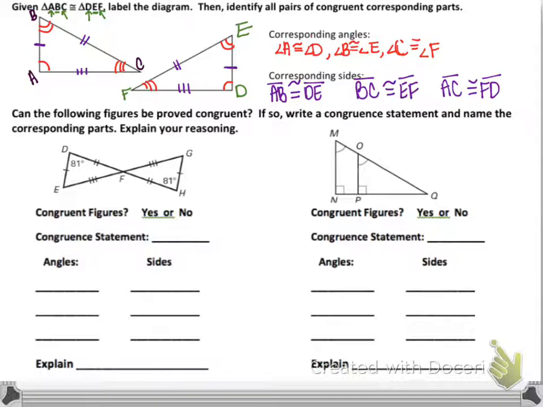So, in order for two figures to be congruent, all of their corresponding angles have to be congruent, and all their corresponding sides have to be congruent. So, that's what we're going to check for over here on this guy. I'm not going to answer whether they are congruent figures until I can write all this out.